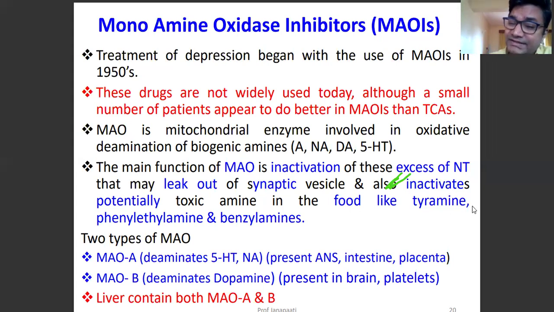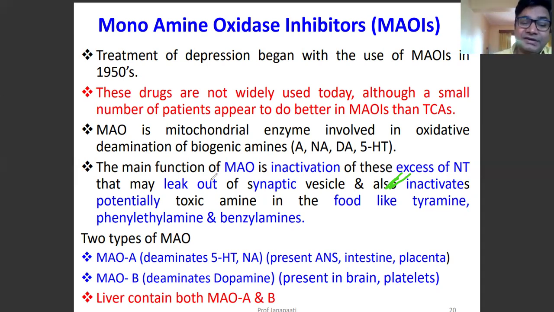What are those amines? Tyramine, phenylethylamine, benzylamine. These are the toxic amines present in chocolates, cola, soya beans, meat, grapes. These amines get metabolized by this enzyme, MAO.